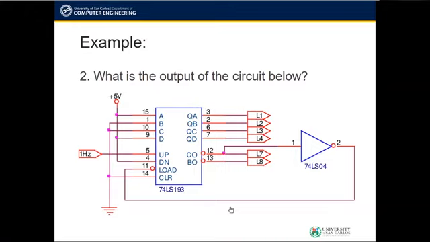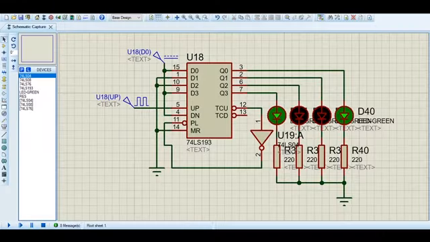Let's try to show the counter behavior in Proteus. As you can see, the circuit just continuously outputs 1001 or binary 9 at the counter output.